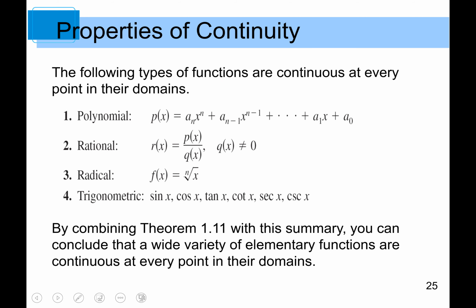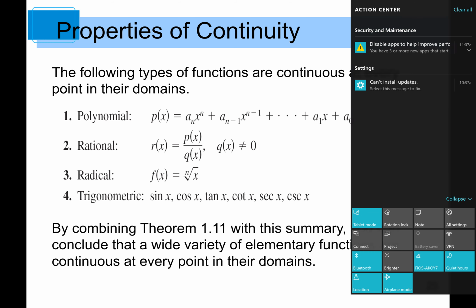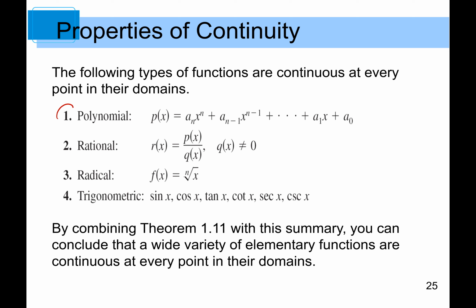And the following types of functions are continuous at every point in their domain. All the polynomials, right? Continuous in their domain. Rational functions, radical functions, trigonometric functions.